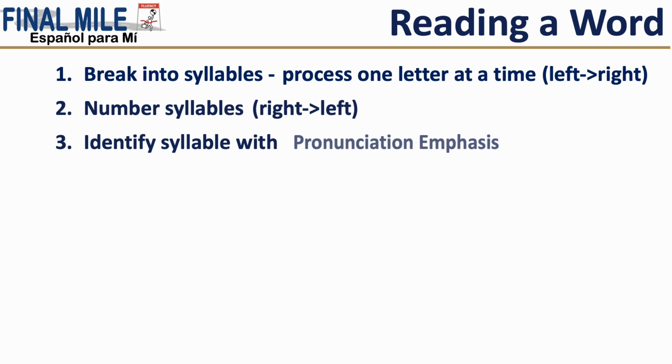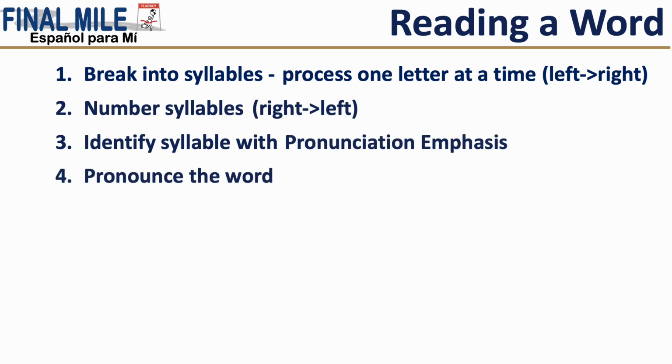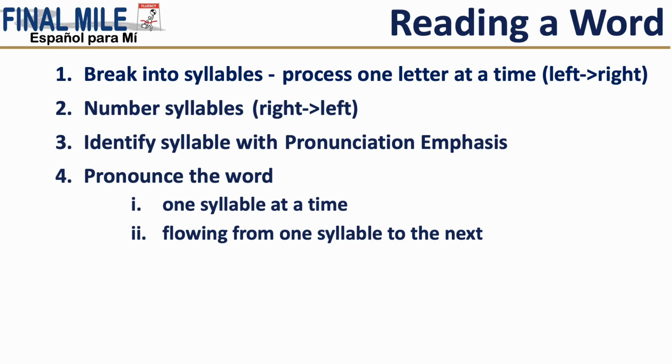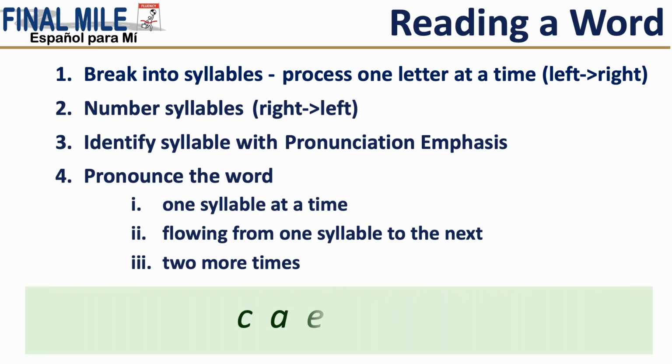You identify the syllable with pronunciation emphasis. You pronounce the word one syllable at a time, flowing from one syllable to the next. You pronounce it 2 more times. Okay, let's do this.